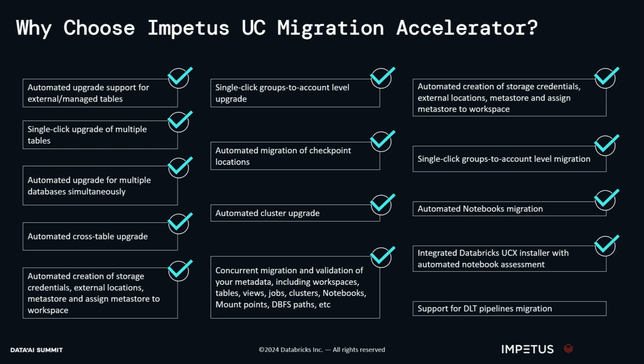The other feature that we are able to do here with our migrator or the accelerator is tagging your data assets. Right now, when we talk about Unity Catalog, discovery is a big part of the overall Unity Catalog, right? Now, how is Unity Catalog able to discover assets for you? That's because someone actually went there and started tagging these assets. But if you have a 10,000 table database, nobody is going to sit and manually keep tagging assets one by one.